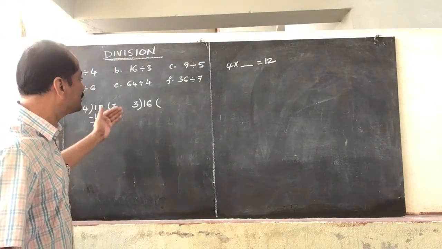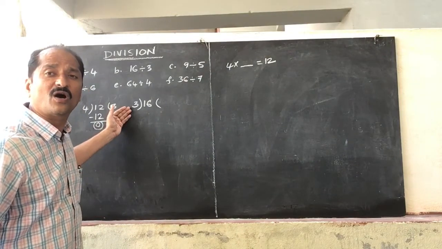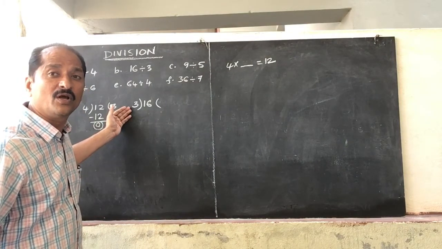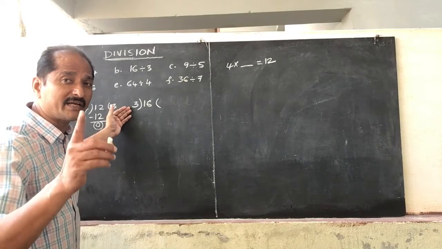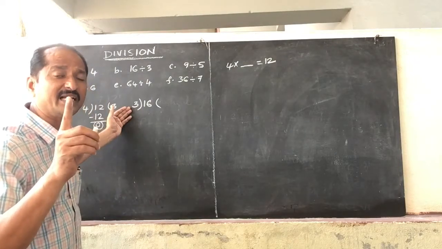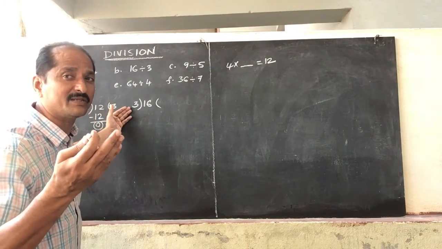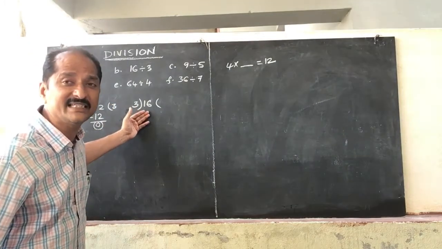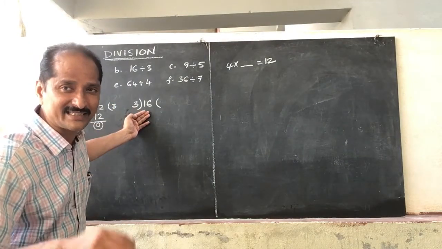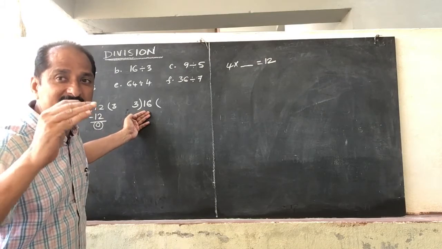To find that, go on reading the third table. Remember carefully, this is very, very important. Till where you have to read the third table, that is important. So till getting 16 or less than 16.